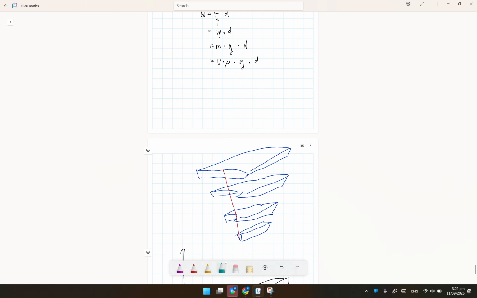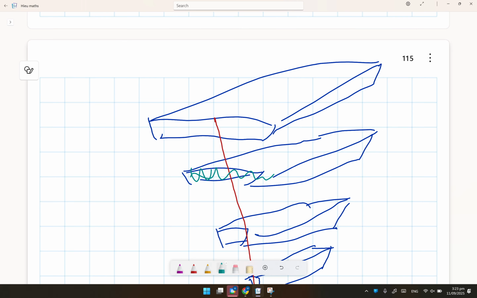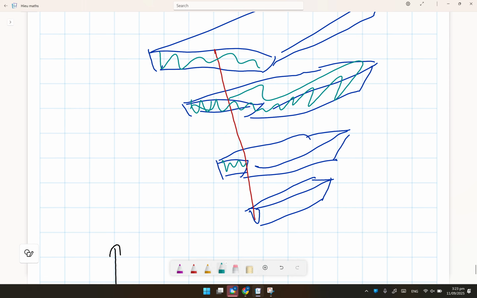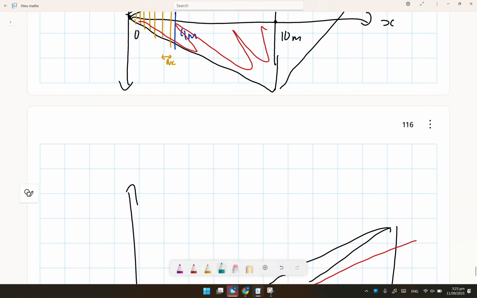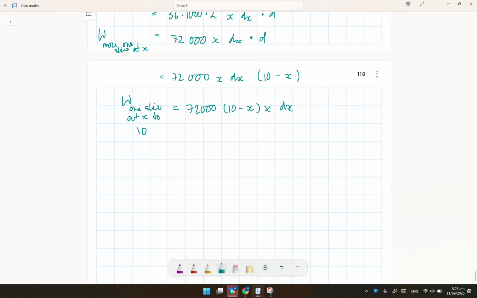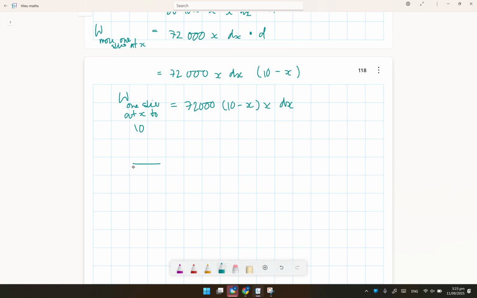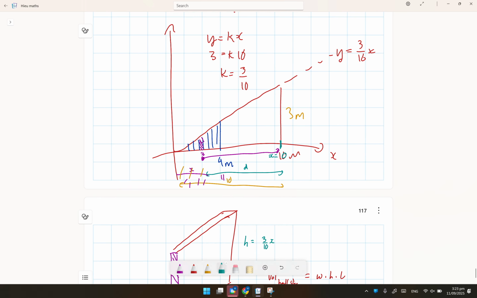And now once we have one slice, let's say we have this slice done, we just need to add the work done to do this slice, to this slice, to this slice. Basically what we're saying is that we need to sum. We're going to use the integration sign as a sum. So let's say we sum the work done of each slice, where each slice is at x, and we know where x ranges from.